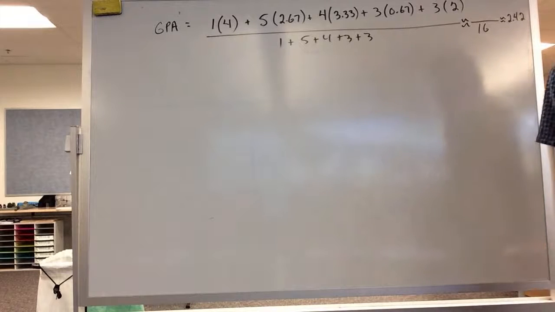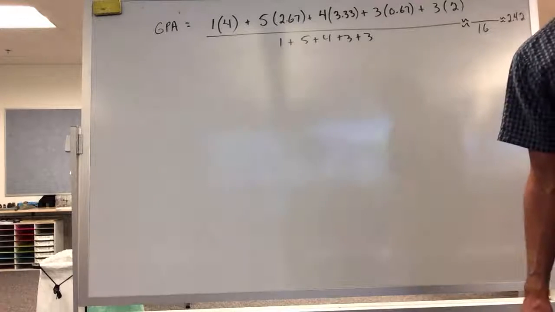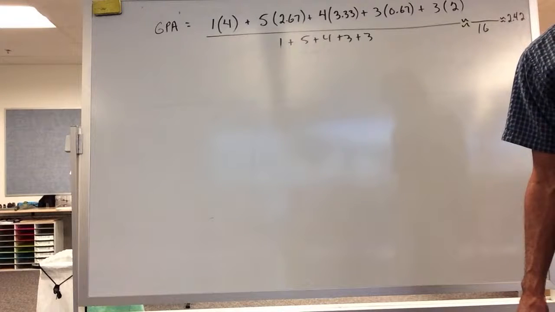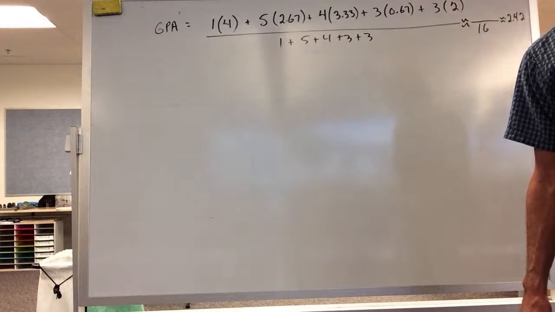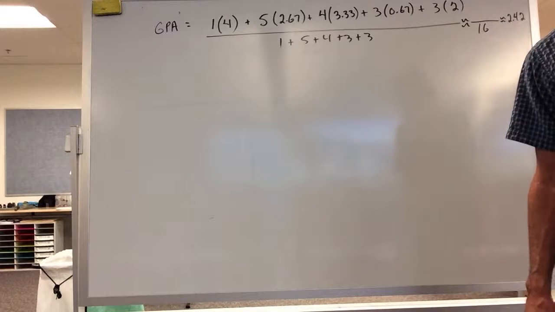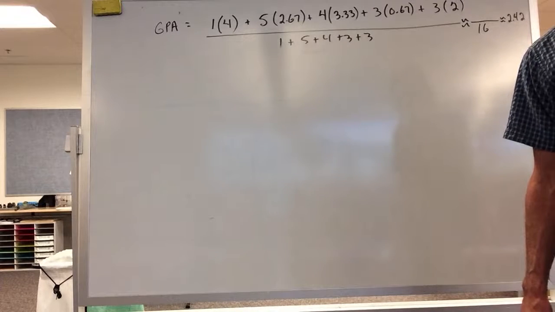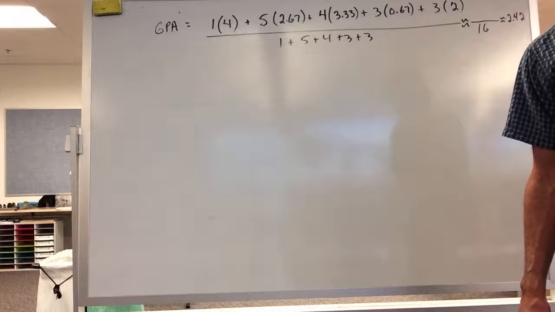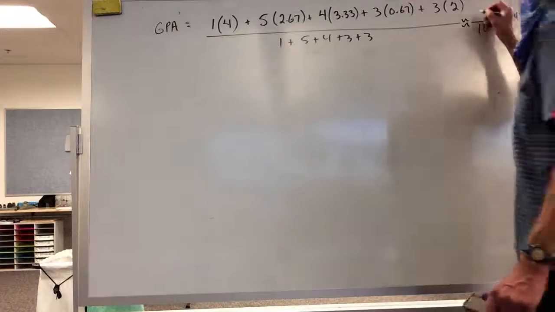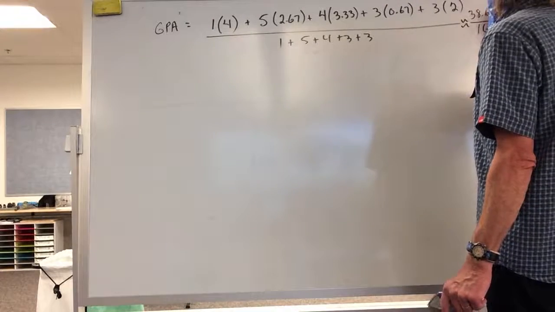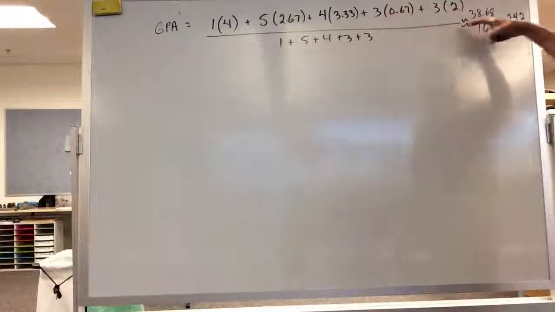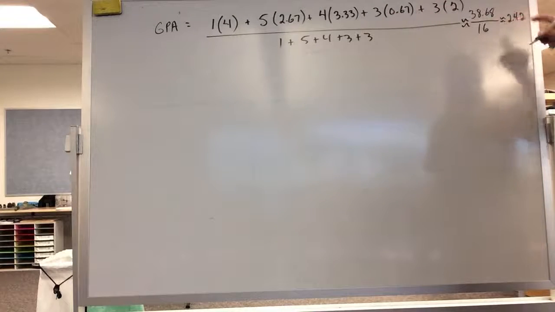Or you're punching them all out? You're a star. 38.68. All that on the top, divided by 16 comes out to be about 2.42.